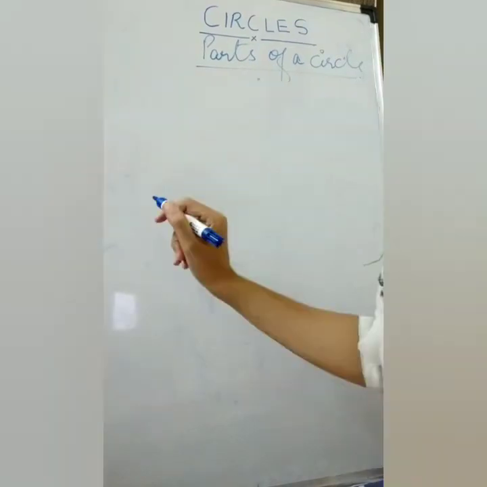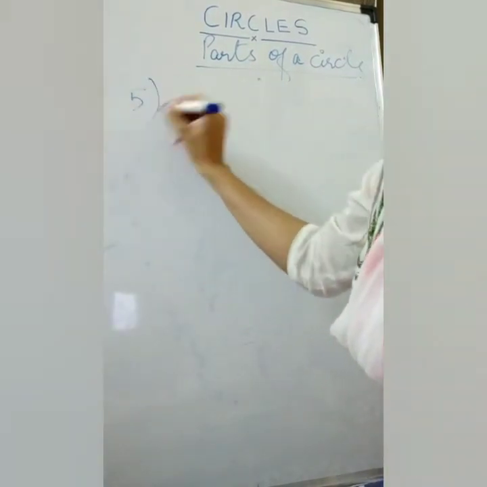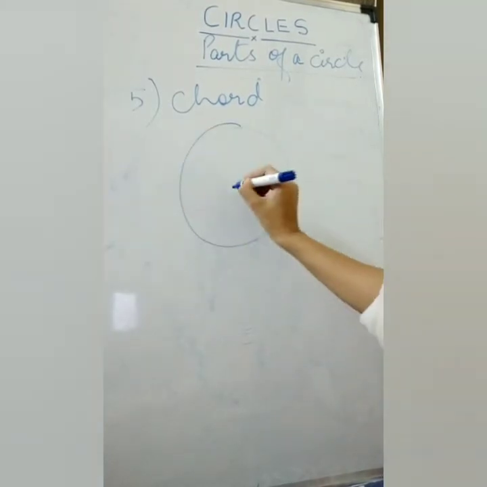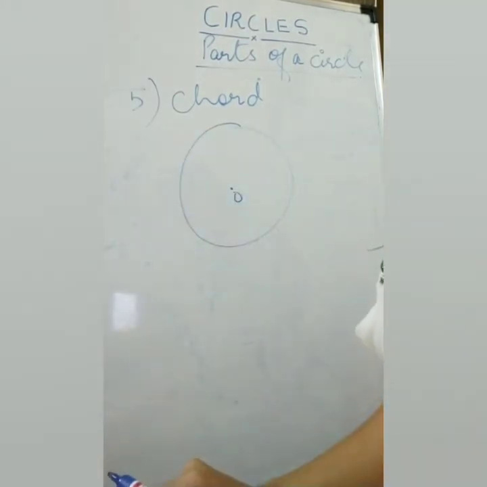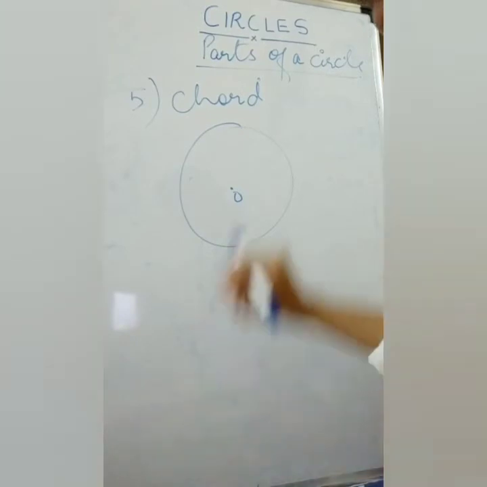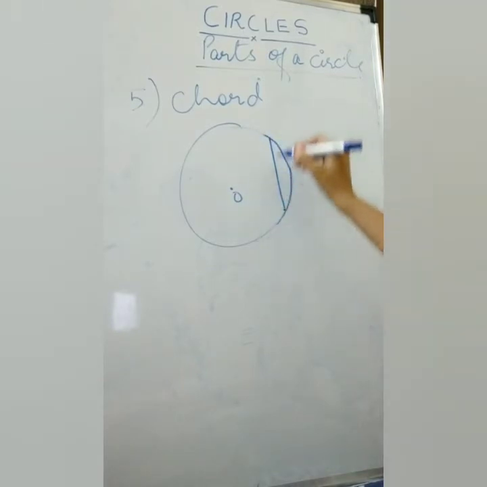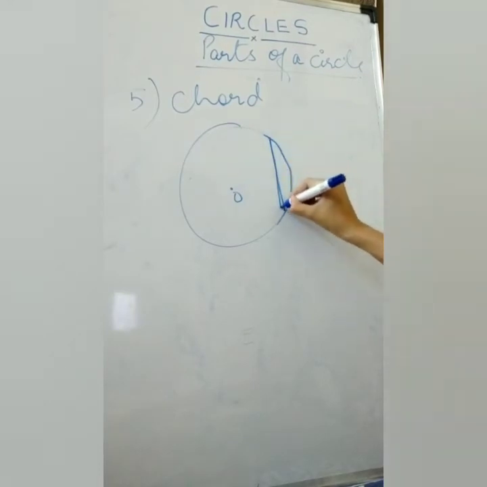Okay. Now number 5 is chord. Now what is chord? Suppose this is the center. Chord means the distance between one point of the circumference to another point. Suppose a line is connecting this circumference to this part.